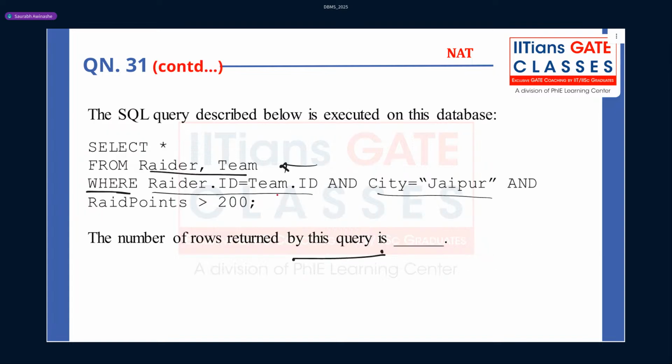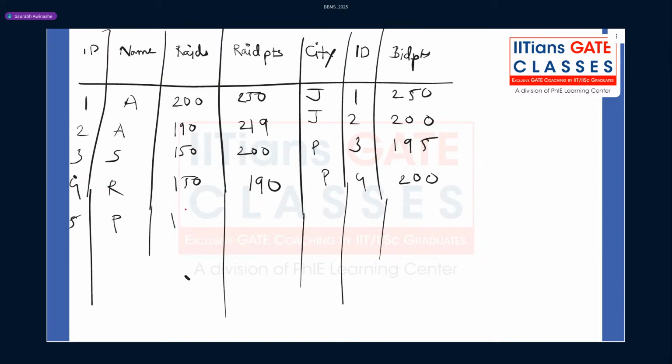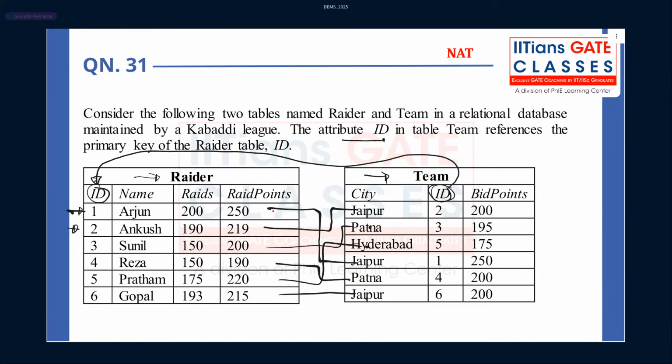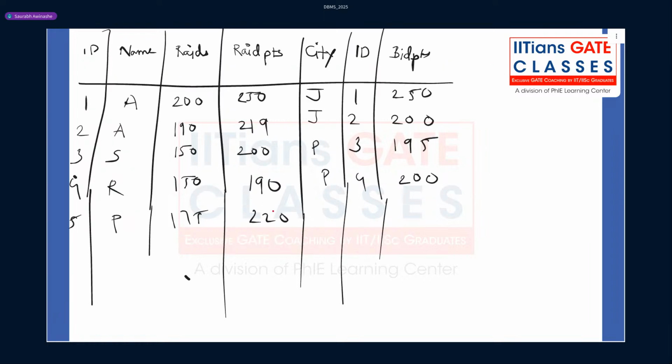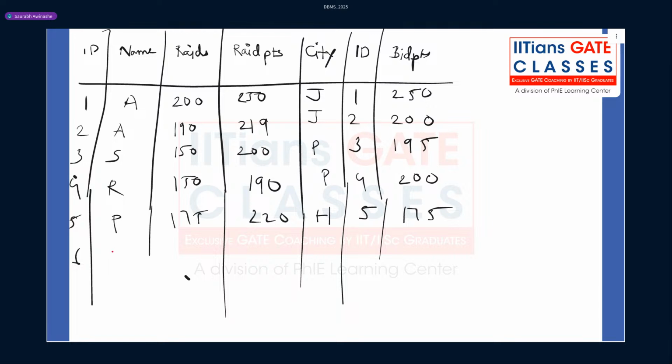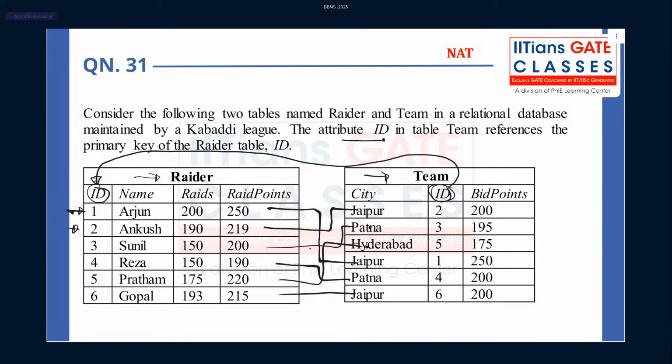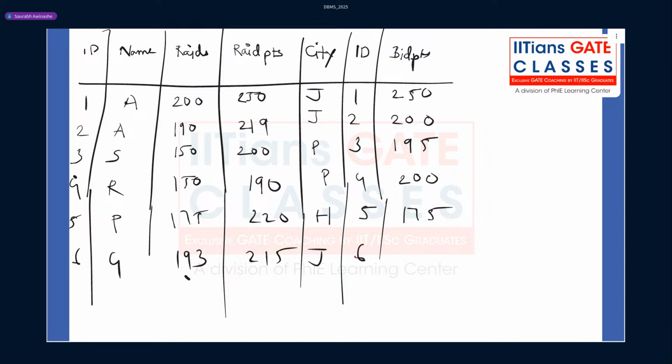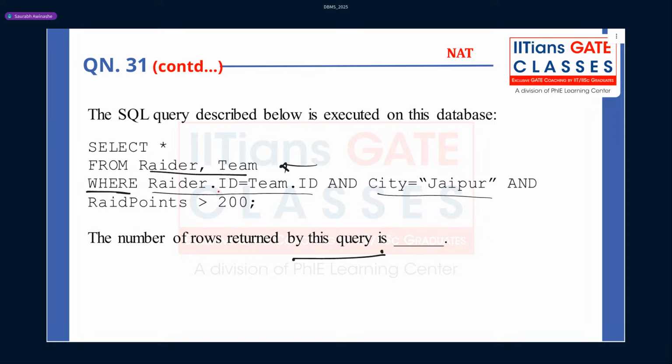Fifth row is Pratham, 175, 220, Hyderabad, 5, 175. Sixth row is Gopal, 193, 215. City is Jaipur, 6, 200. So we will get these tuples after the first where clause.